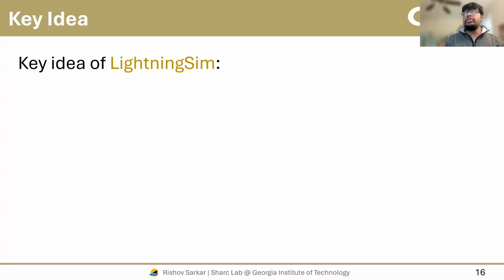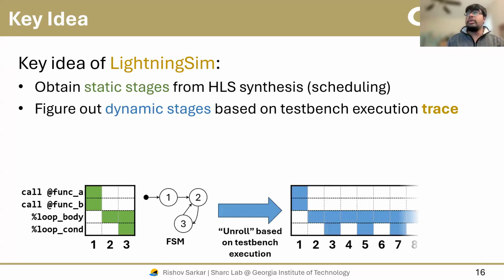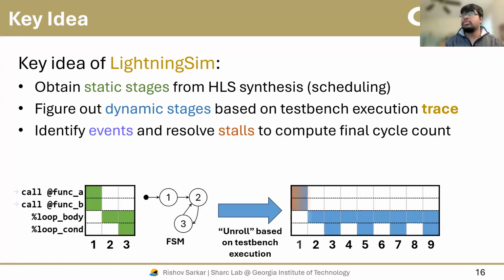But yeah, that brings us to the key idea of LightningSim. So first, we obtain the static stages from HLS synthesis, the scheduling process. And then we figure out the dynamic stages based on a test bench execution trace. So we run a test bench, we trace what it does, and based on that, we unroll that static schedule as we saw, based on number of loop iterations, which conditions are visited, things like that.